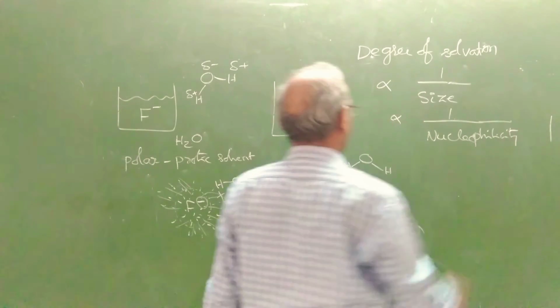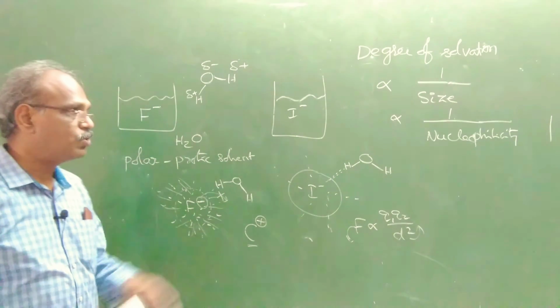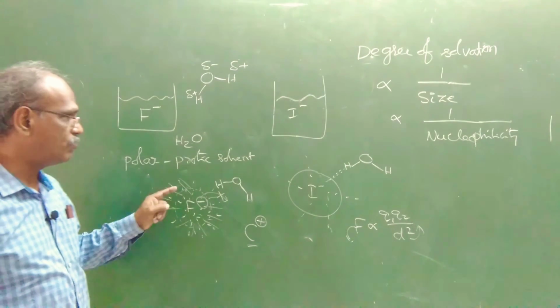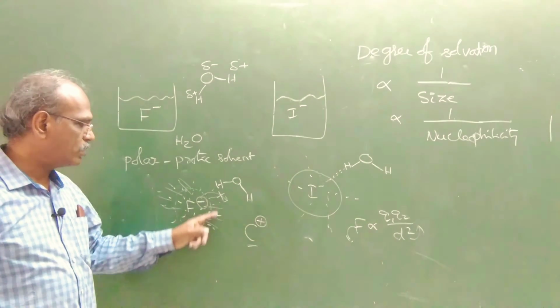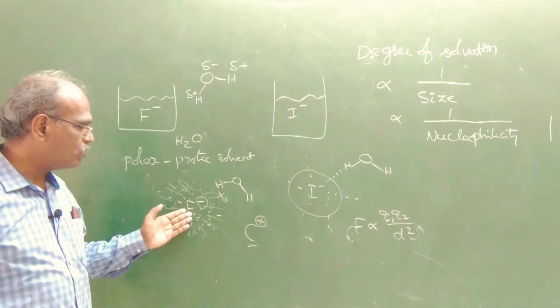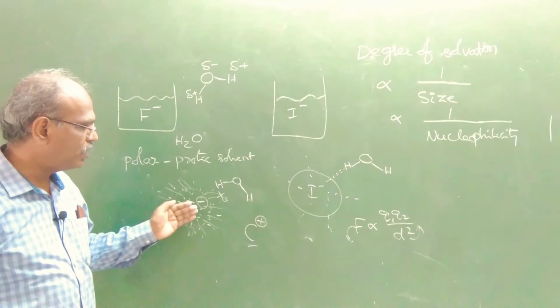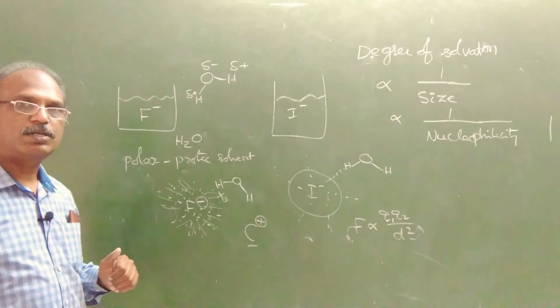This is happening in whichever case it may be. So the degree of solvation is inversely proportional to size, and because of the surrounding of a large number of solvent molecules, this nucleophile cannot easily donate an electron pair to the electron deficient center.